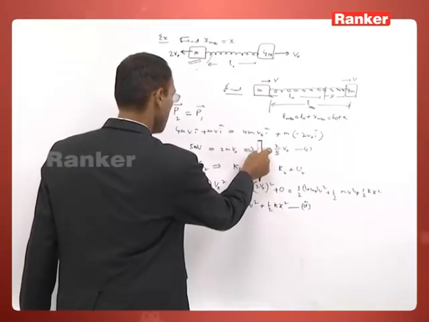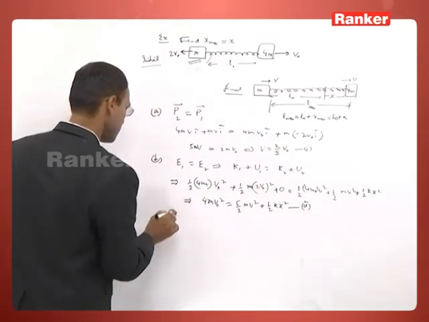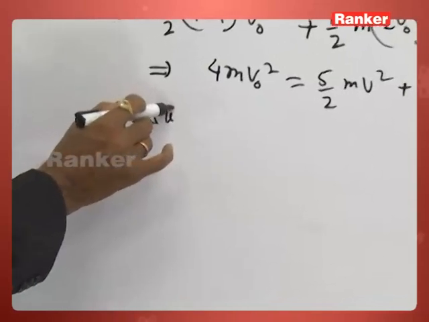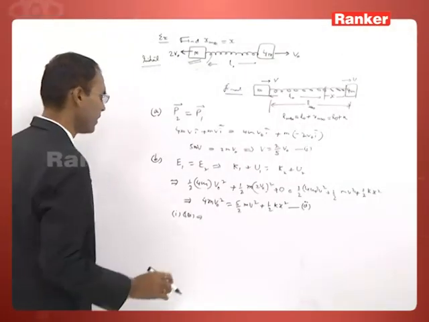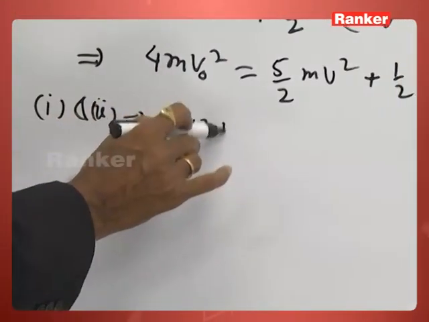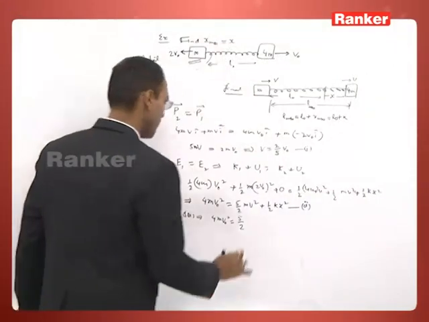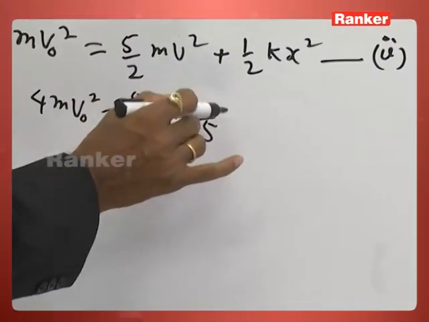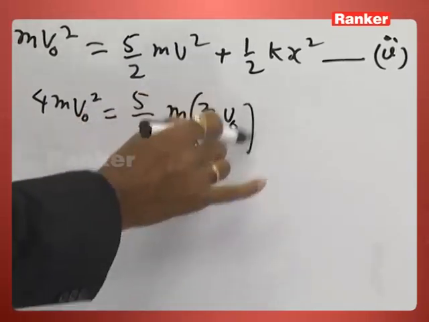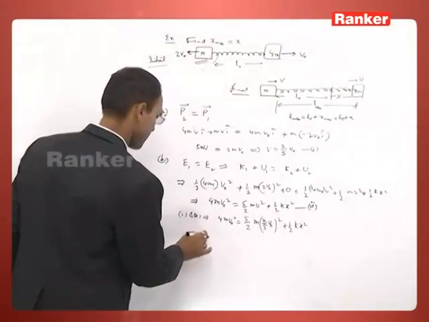Substituting the velocity v from equation 1 into equation 2, we are getting 4m v naught square is equal to 5 by 2 m, v is equal to 2 by 5 v naught, square of this, plus half kx square.